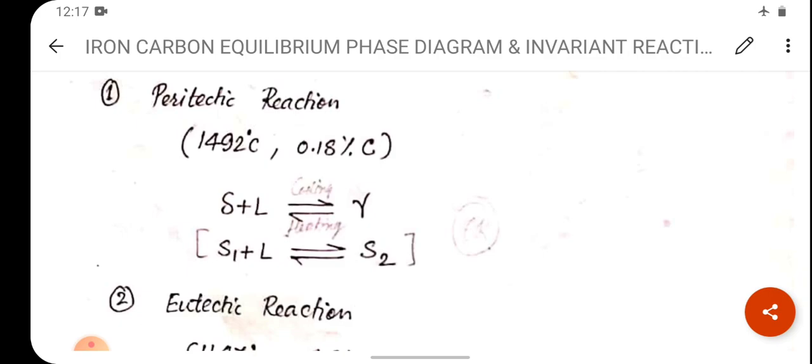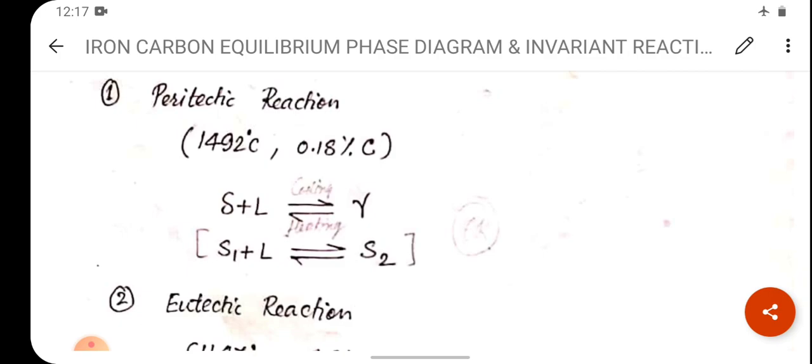So delta plus liquid after cooling will give you gamma, or you can say austenite, and if we heat gamma, it will give you liquid plus delta. Or we can write, as delta is solid, solid 1 plus liquid. Cooling will give you solid 2.